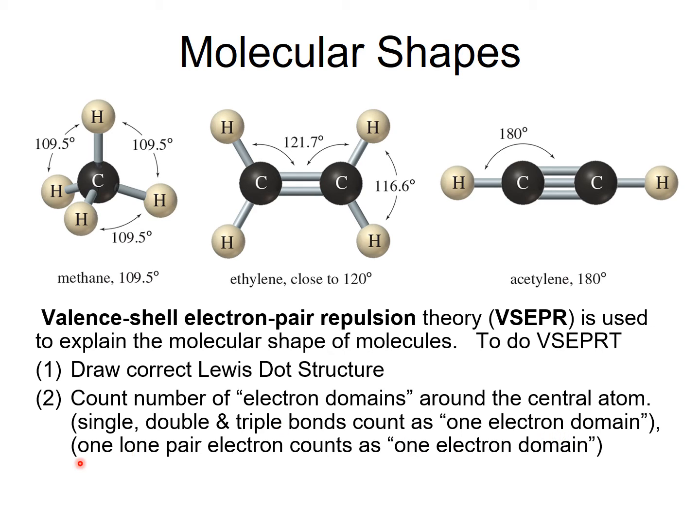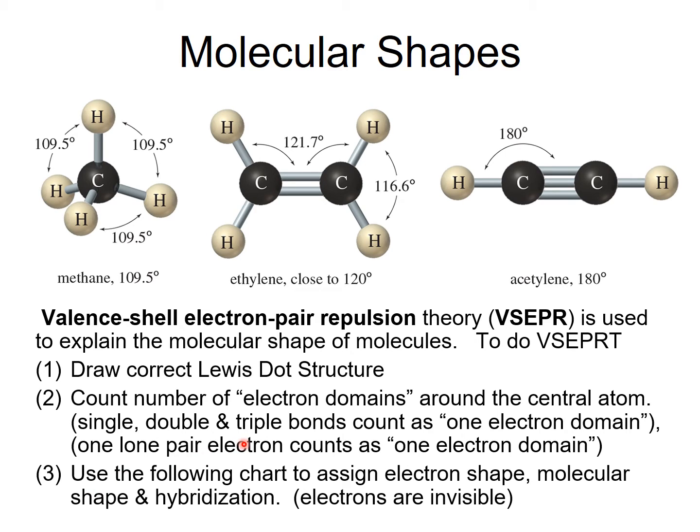And then one lone pair you count as one electron domain. So in this case, this carbon has 3 electron domains. This carbon has 4 electron domains. This carbon has 2 electron domains. So even though there are 3 pairs of electrons here, I'm only counting it as 1 electron domain, because we're really only counting the sigma bond.